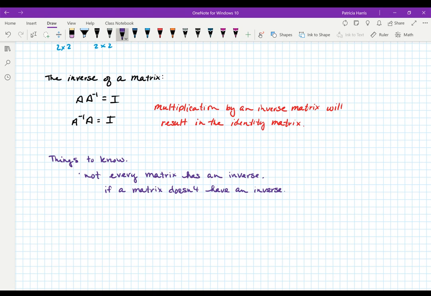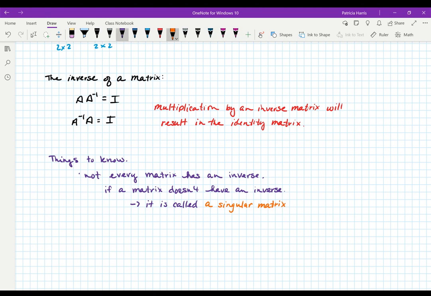A couple things are true. One, it is called singular. So a singular matrix does not have an inverse.